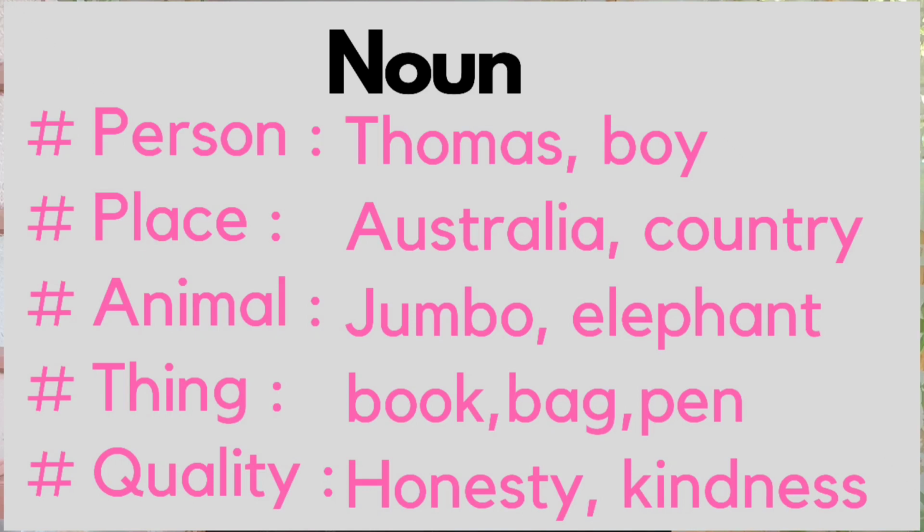That is person. Let's go to place. I could say Australia, which would be the place, and the common noun would be country. Then I would go to animal. So we say Jumbo, the name of the animal, and the elephant, the common noun.